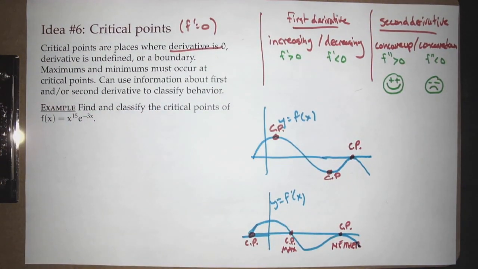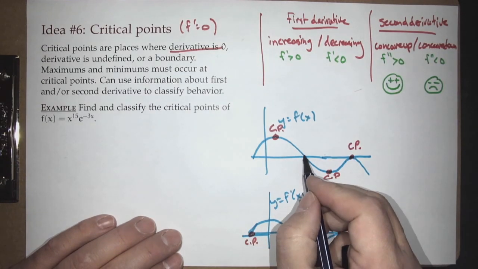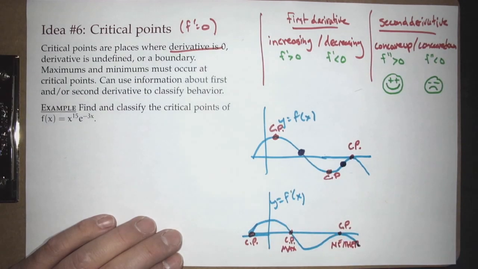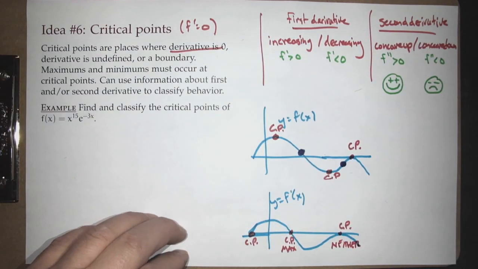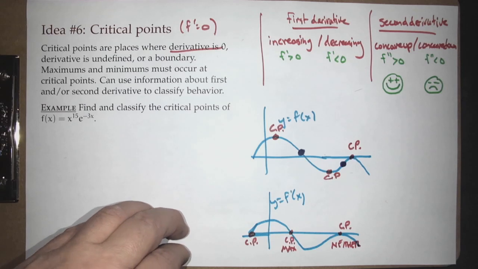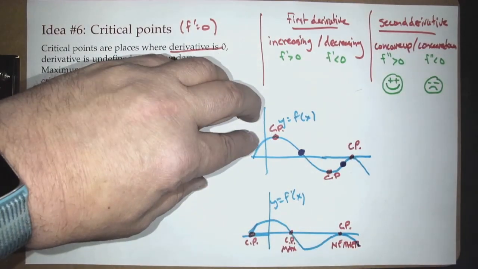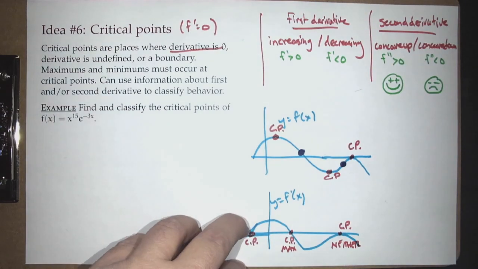What about an inflection point? Are there inflection points up here? They're a little bit hard to plot, but I claim there's roughly, here's an inflection point, here's an inflection point. What's happening at those points? Changes in concavity. How do you find inflection points if you're not looking at the function, you're looking at the derivative? What are you looking for?